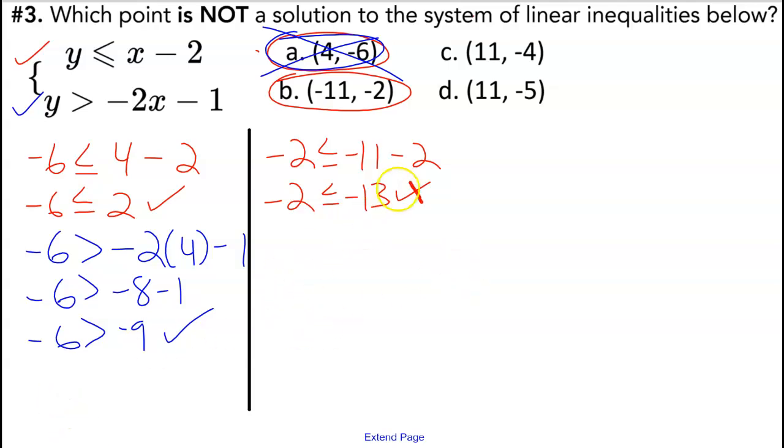Okay, I made a mistake here. We got -13 and -2. -13 is not greater than -2. So this is not a solution.